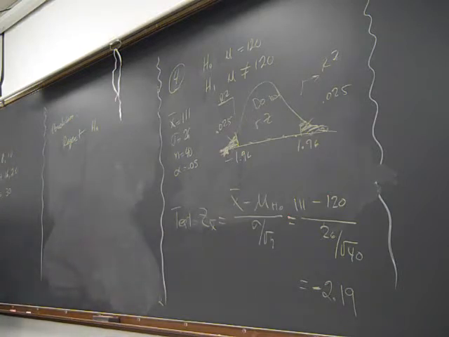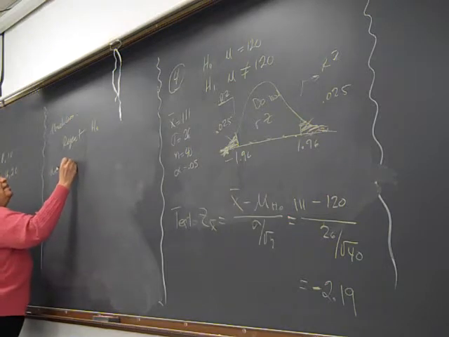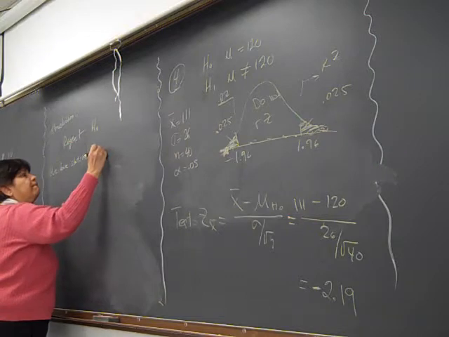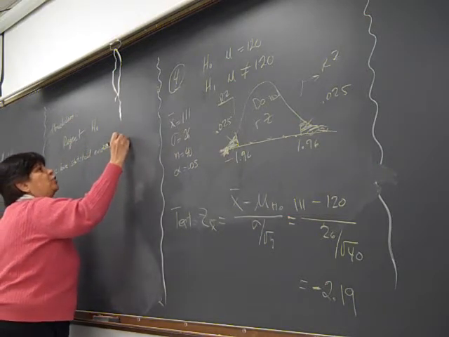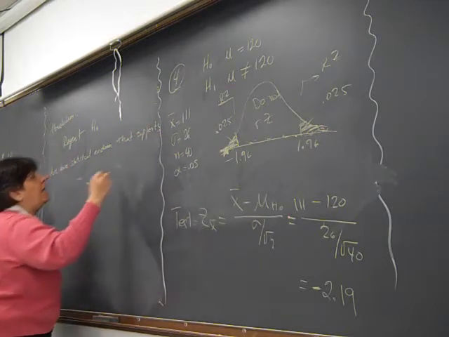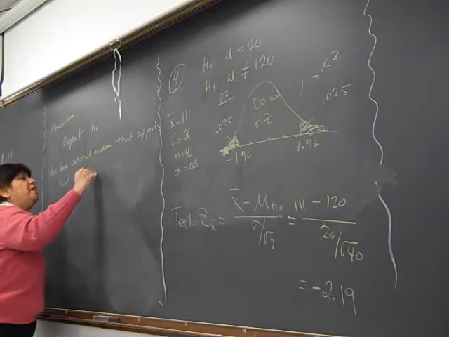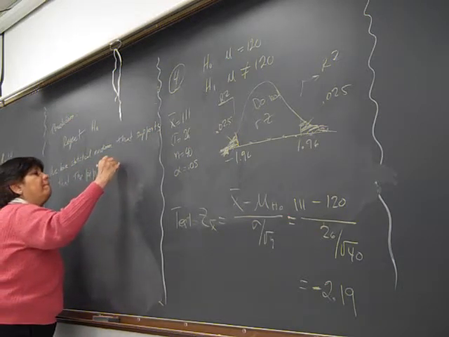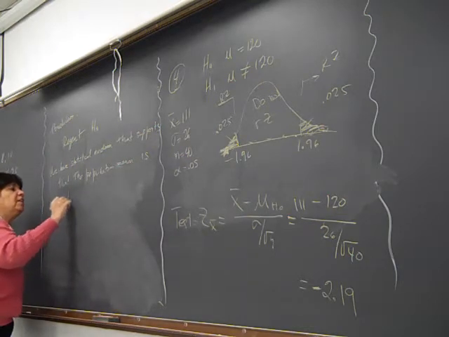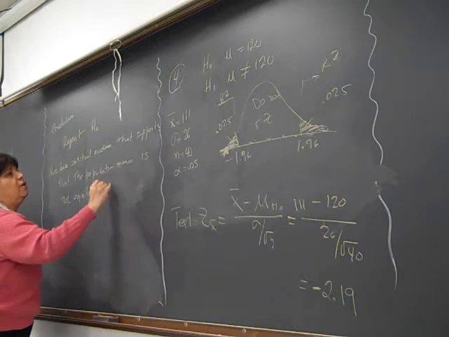But the real conclusion is that we have statistical evidence that supports that the population mean is not equal to 120.